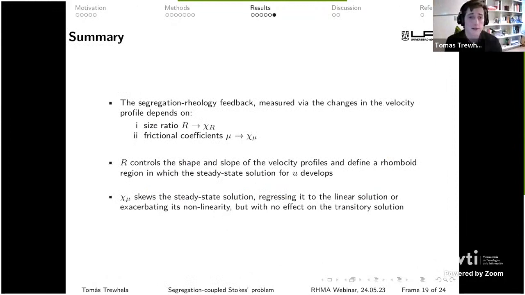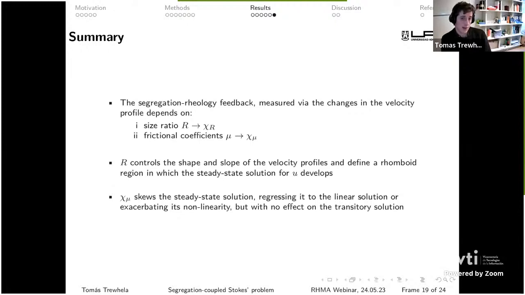So to summarize a little bit, the segregation-rheology feedback was measured via the changes in the velocity profile that is highly dependent on the size ratio, or in other words, a symmetry coefficient, chi-r, and the frictional coefficients, which can also be expressed as a chi-mu in the same way as we did for the size ratio.